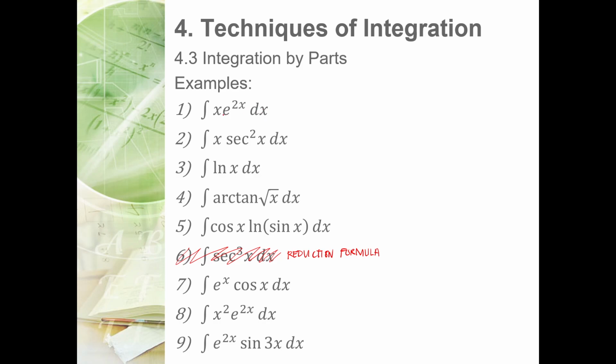As you noticed, these are different functions being multiplied against each other. So algebra against exponential, algebra against trigonometric. We have a logarithmic term, an inverse trigo function, trigonometric against logarithmic with a base of trigonometric, exponential against trigonometric, algebraic against exponential, exponential against trigonometric.